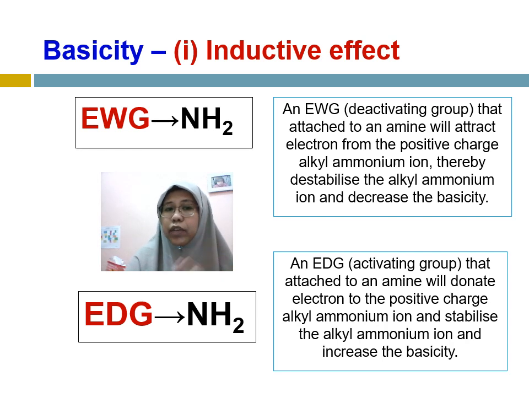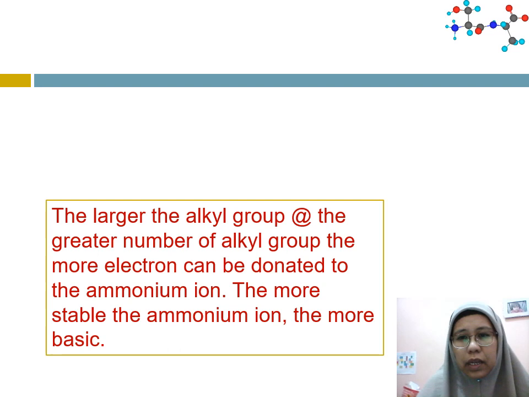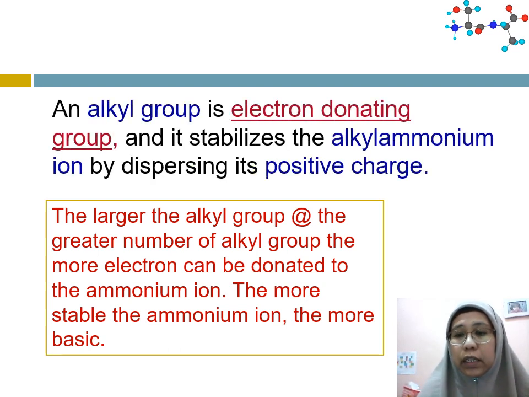But if we have an EDG, electron donating group, it will be attached to the amine and donate its electron. So the positivity of the alkyl ammonium ion would increase, making it more stable and increasing the basicity. In short, for example, an alkyl group is an electron donating group.